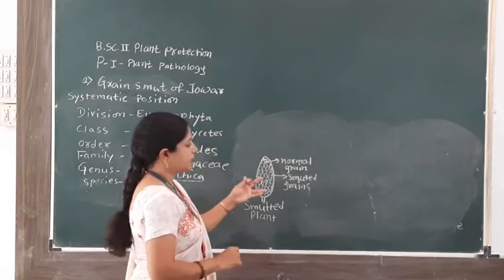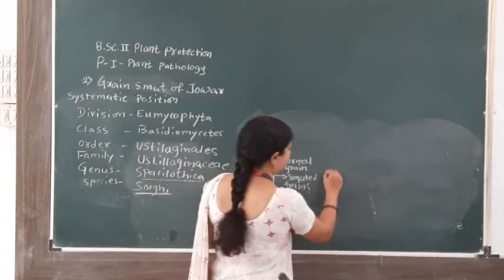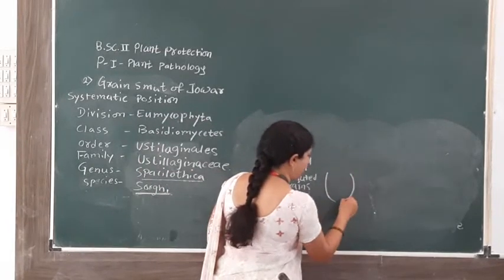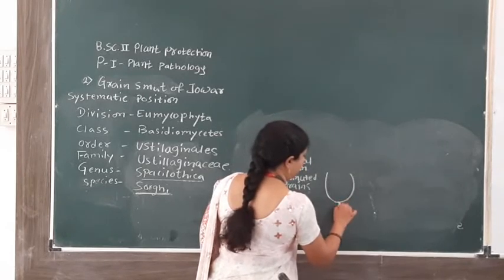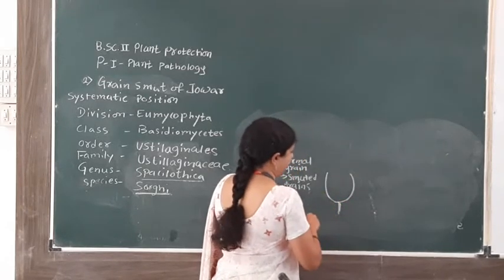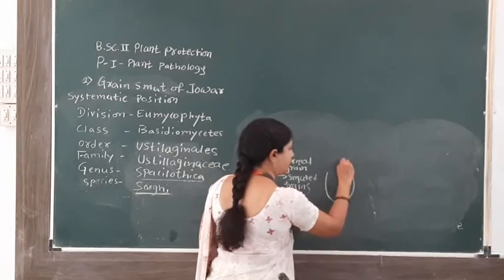When we open these smutted grains, we can see the formation of a sheath or shell which has a central hard tissue.